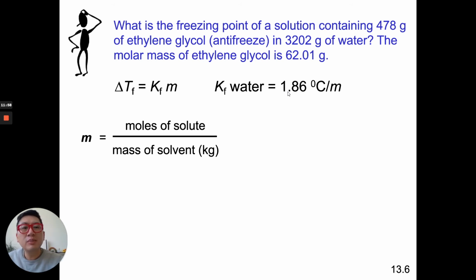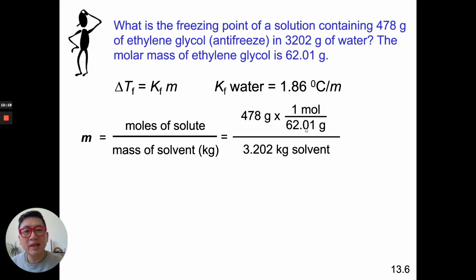Well, I'm given the grams of solute, 478 grams. How do I change grams to moles? It's been a while. You change grams to moles by dividing by the molar mass. It says here, molar mass is 62.01 grams per mole. So just divide by the molar mass.